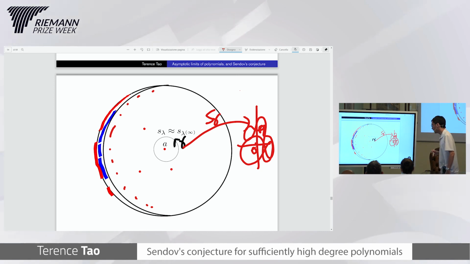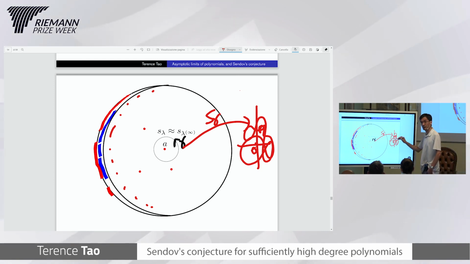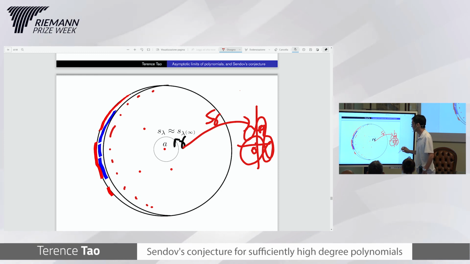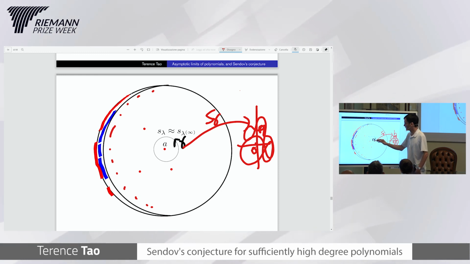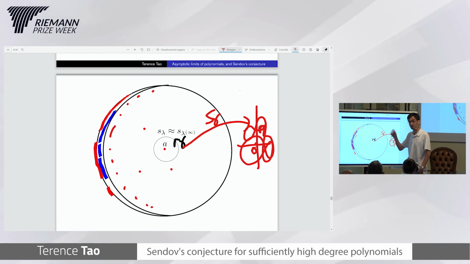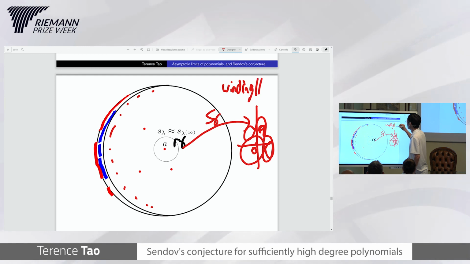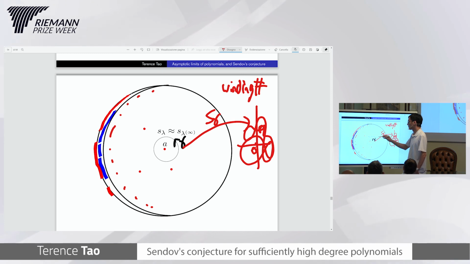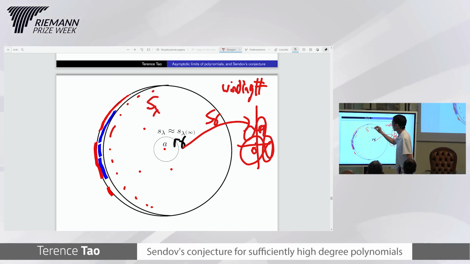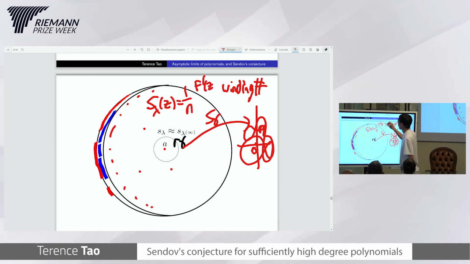We're going to ask how many times this curve winds around the origin. The argument principle tells you that the winding number is equal to the number of zeros of S lambda inside this disk minus the number of poles. But what is S lambda? It's the log derivative of f.